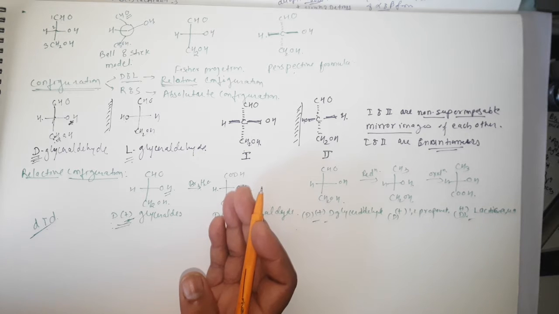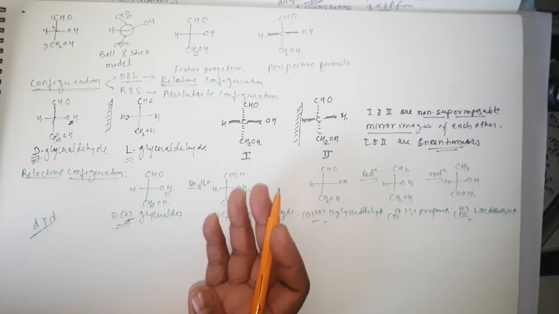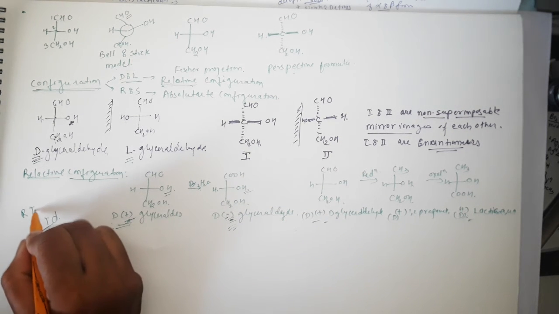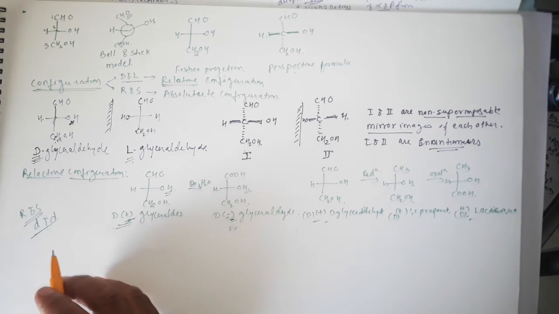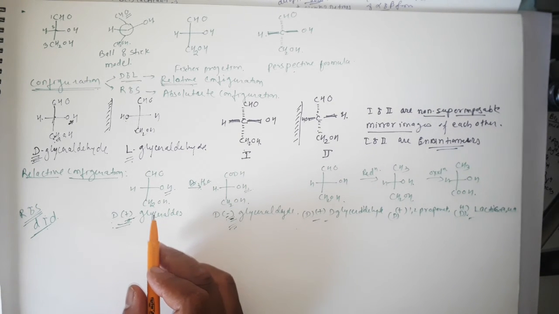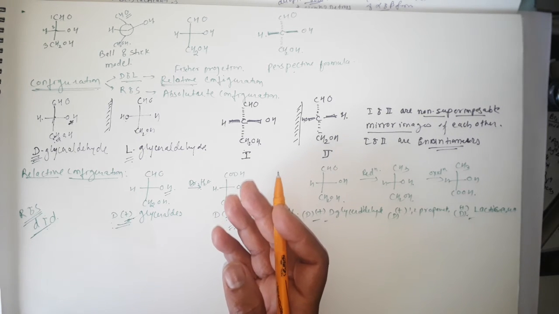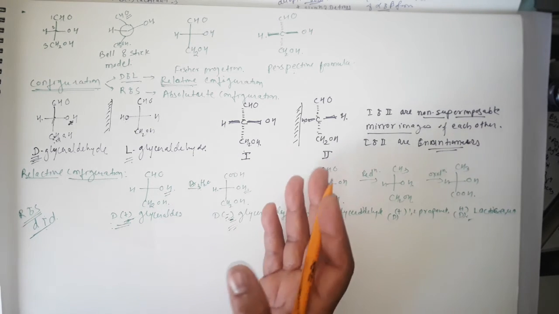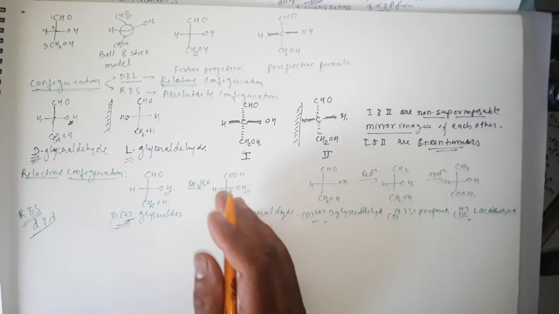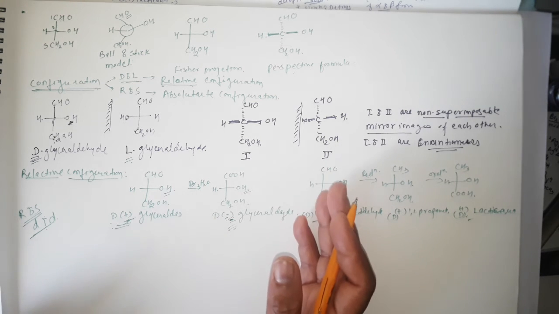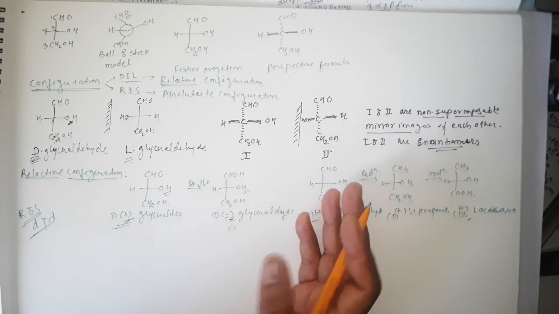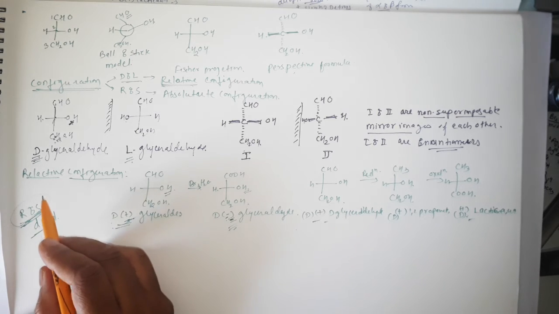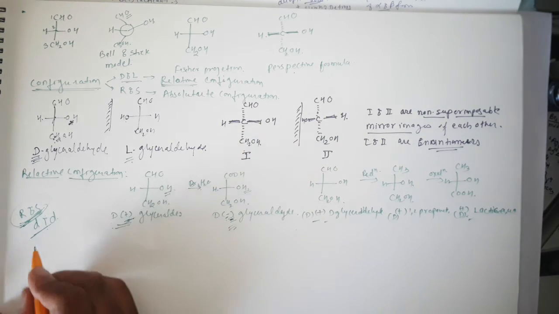So we are using a different terminology nowadays for the direction of rotation, and that is R and S. This D-glyceraldehyde we use as a reference compound not only for hydroxy but also amino acid compounds, but D and L systems cannot be used for all compounds containing a chiral center, and therefore the new system, that is R and S, came into the picture, and these are called absolute configuration.